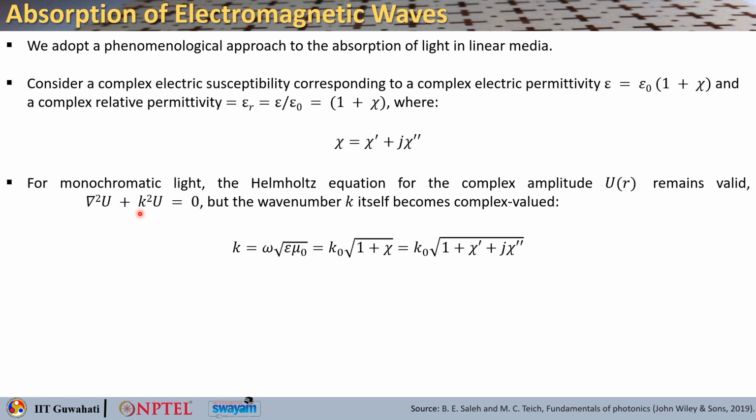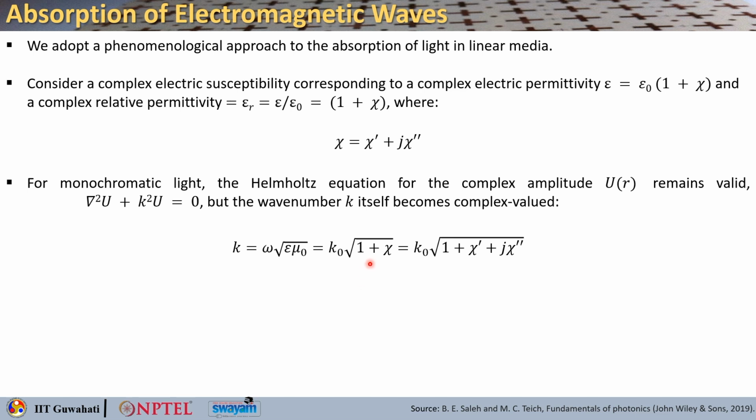This wave number is complex valued because you can write it as k equals omega times the square root of epsilon mu naught. Now, epsilon can be written as epsilon naught times epsilon r, so with epsilon naught, mu naught, and omega combined into k naught, you are left with only the square root of epsilon r.